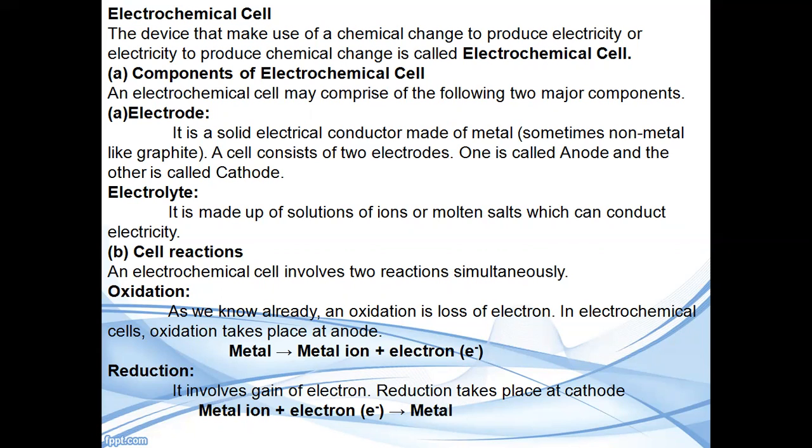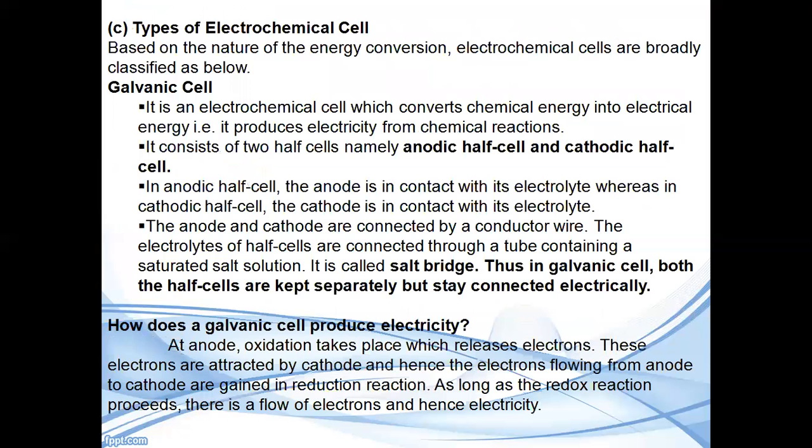So oxidation and reduction are opposite reactions. Loss of electrons and gain of electrons take place simultaneously in the same process, that is called a redox reaction. Already we know what is meant by oxidation and reduction. So these are the components of the electrochemical cell.